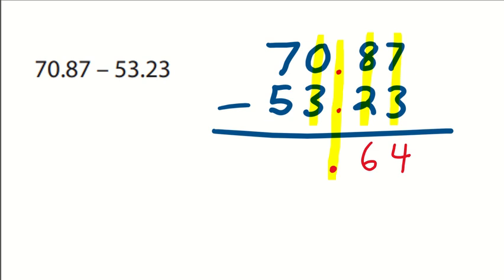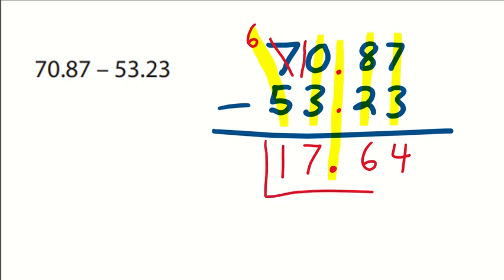What is 0 subtract 3? Well, we can't do that without borrowing, so we borrow from the 7, which turns it into a 6, and now this becomes a 10, and then 10 subtract 3 is 7. And now we have 6 subtract 5 for the last column, which is 1. And that's our answer. Our answer is 17.64, or 17 and 64 hundredths.